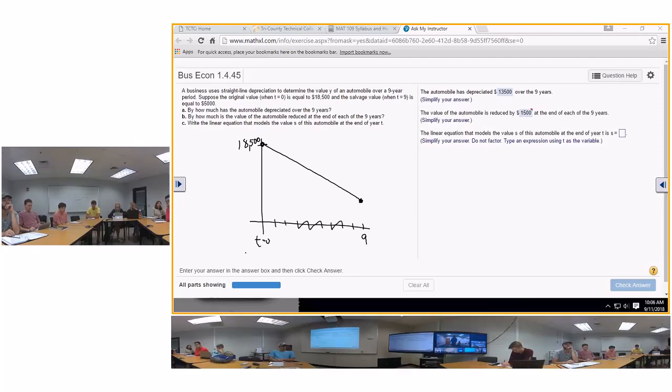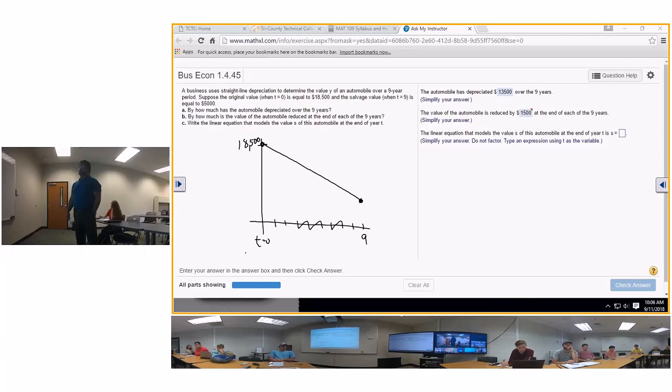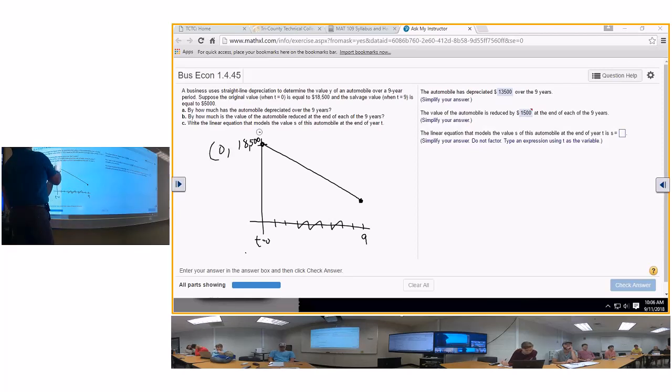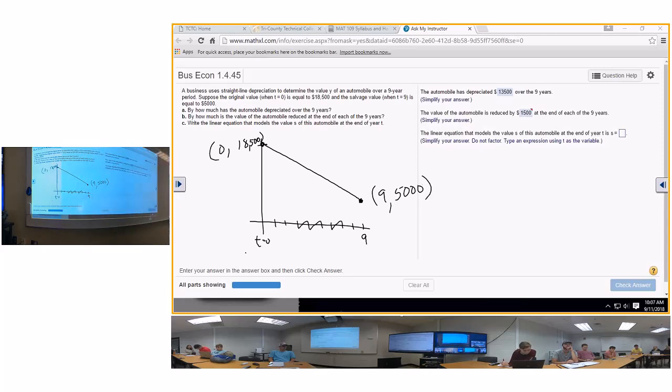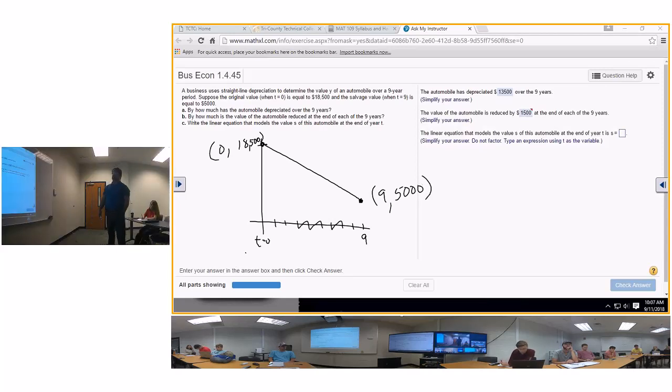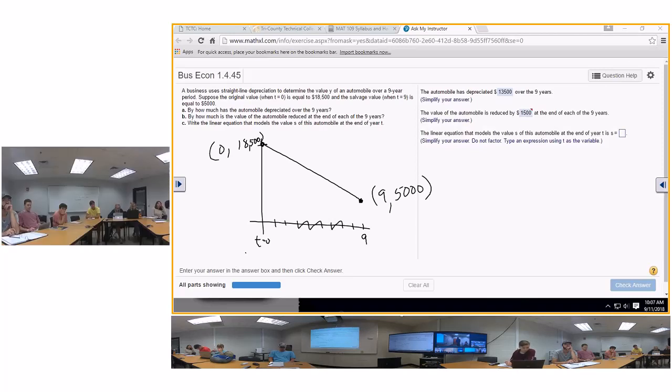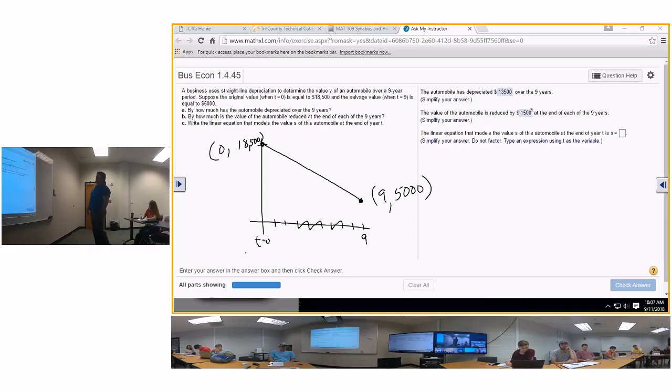By how much has the automobile depreciated? Well, this is 0, 18.5, and this is 9, 5,000. So if you want to find the change in y, you subtract y sub 2 minus y sub 1, which is 13.5. The value of the automobile is reduced by what at the end of each of the 9 years?